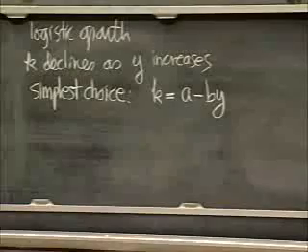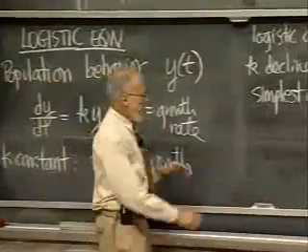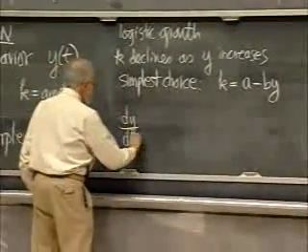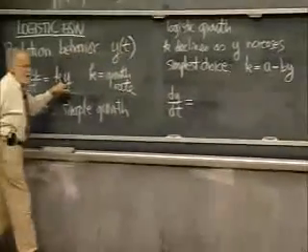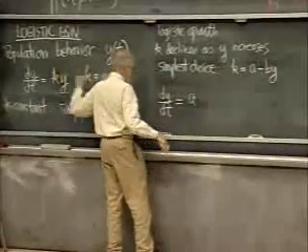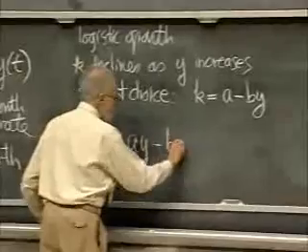So if I use that as the choice of the declining growth rate, the new equation is dy/dt equals a minus b y, the quantity, times y, or in other words, a y minus b y squared.